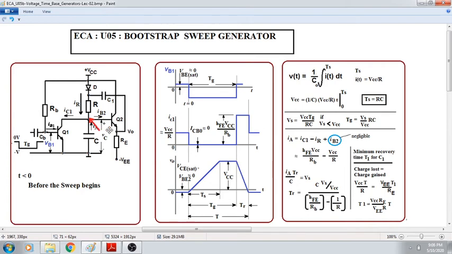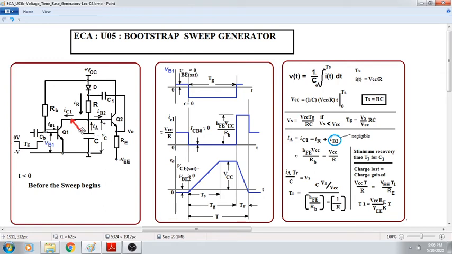Okay. Now you see the beauty here. The base current is negligible at the starting of the sweep. There is no current in the capacitor, IA is almost equal to 0, IB2 is almost equal to 0, then what is IC1? Look at this using Kirchhoff's current law.